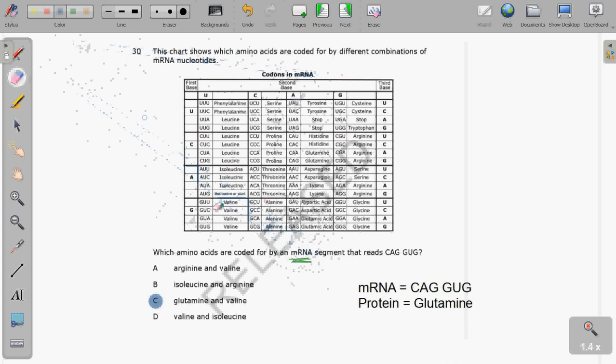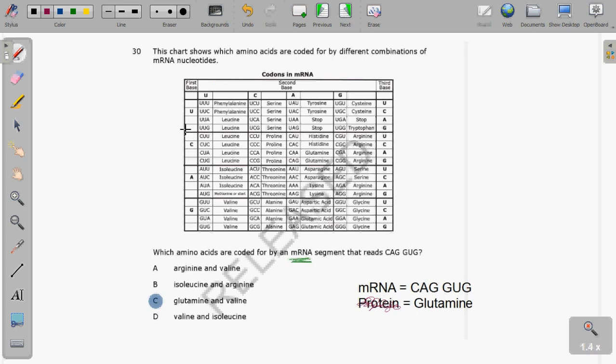That makes things much simpler. All you have to do is translate. So you're going to take the mRNA code CAG and figure out what amino acid that says. This should say amino acid, not protein.